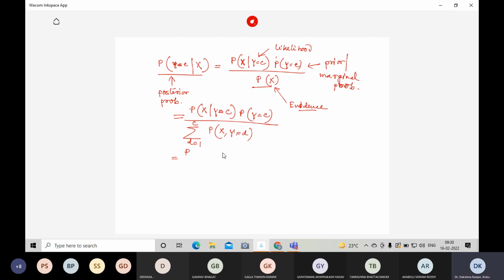Now if we further expand this denominator, which is the summation over this joint probability distribution, we can write probability of x given y equals to c, probability of y equals to c.